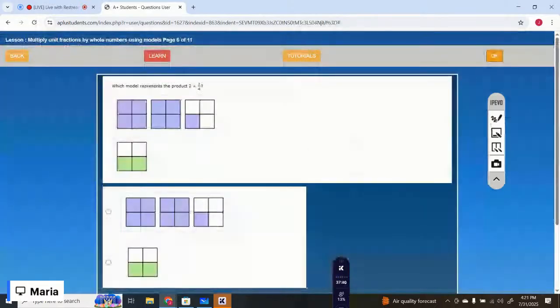Which model represents the product 2 times 1 by 4? 2 times 1 by 4 is 2 by 4.